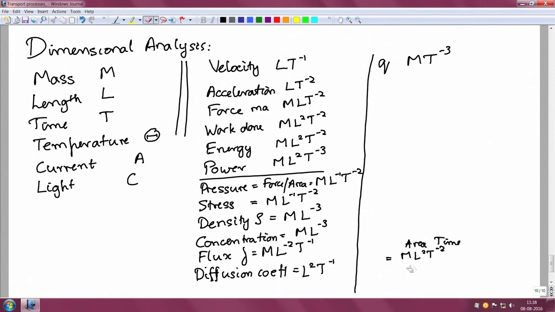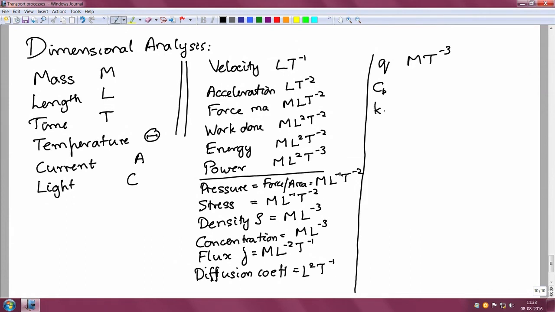And then we have two thermal properties, the specific heat Cp and the thermal conductivity K.